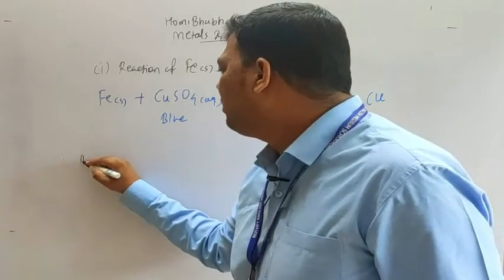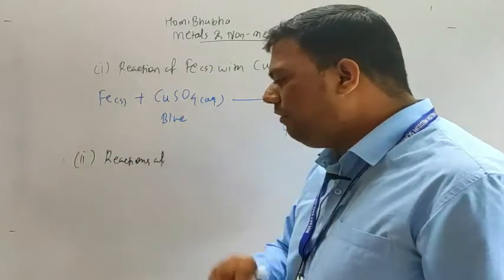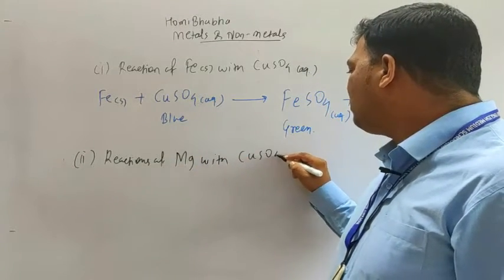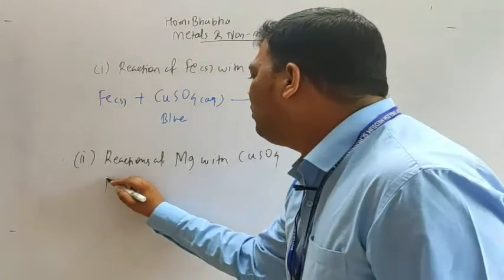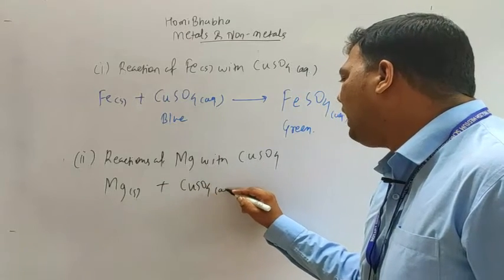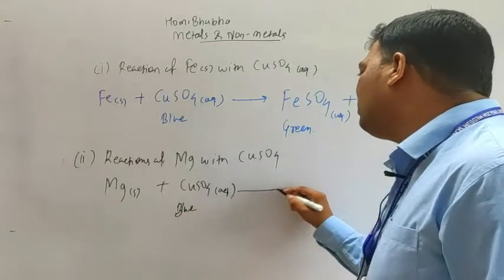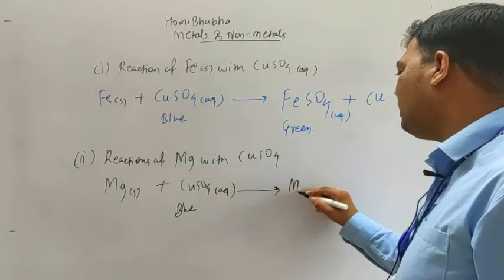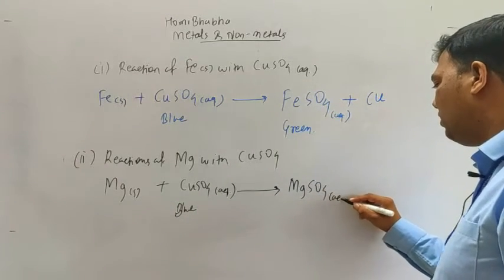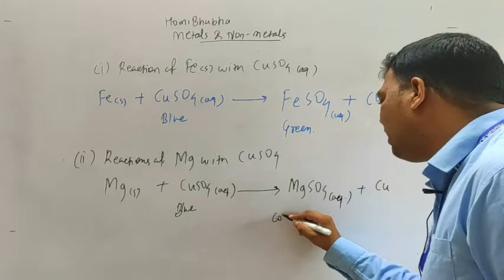Understood. So we will see another example. Second example: reaction of magnesium with copper sulfate solution. See here, magnesium solid plus CuSO4 aqueous, which, as you know, is blue in color. So you will get MgSO4, and the color of that MgSO4 is colorless, aqueous, plus copper.